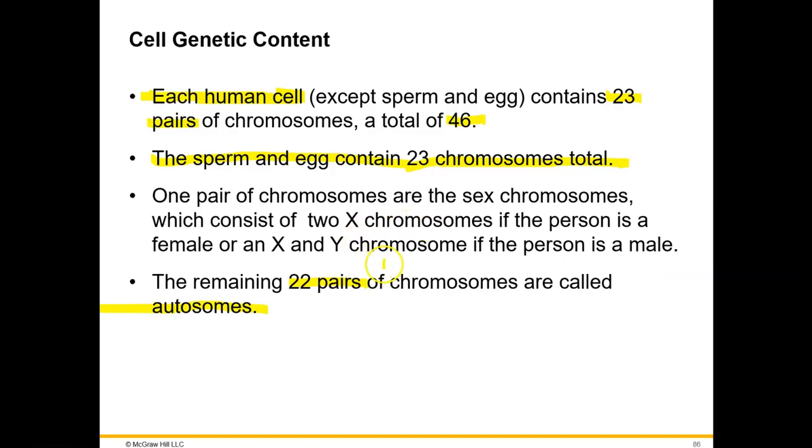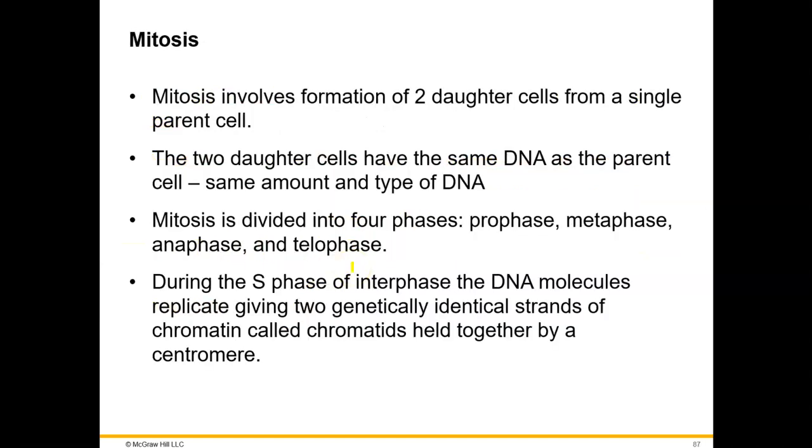The 23rd pair of chromosomes determine whether a person is genetically male or genetically female. They're genetically female if they have two X sex chromosomes, and they're genetically male if they have an X and a Y. So if chromosome pair number 23 is two X's, that's going to be a female, and if it's an X and a Y, it's going to be a male.